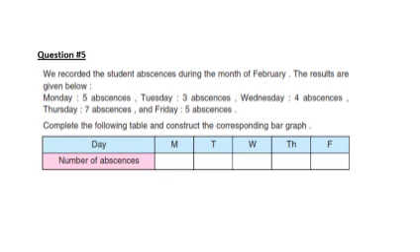So in this question, we will be able to change a text into a table. The number of absences on Monday is 5, Tuesday is 3, Wednesday is 4, Thursday is 7, and Friday is 5. So in this question, we are able to change a text into a table.